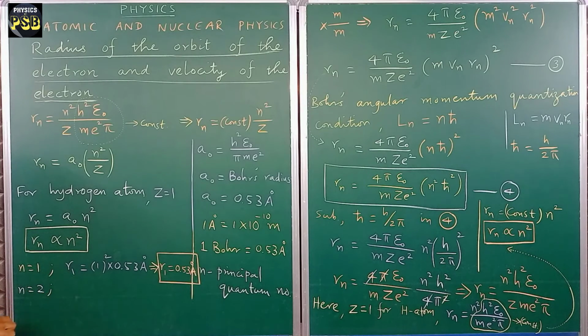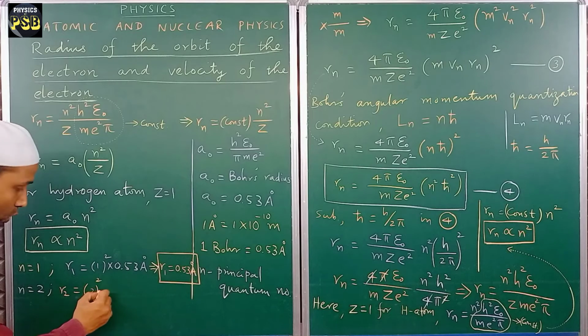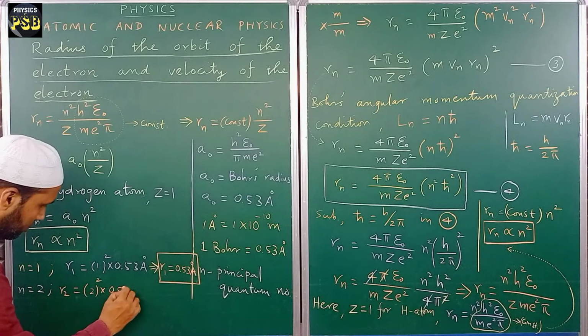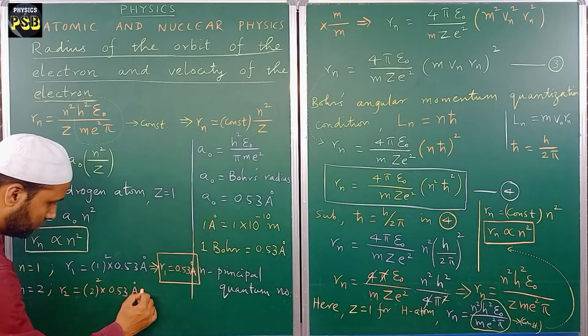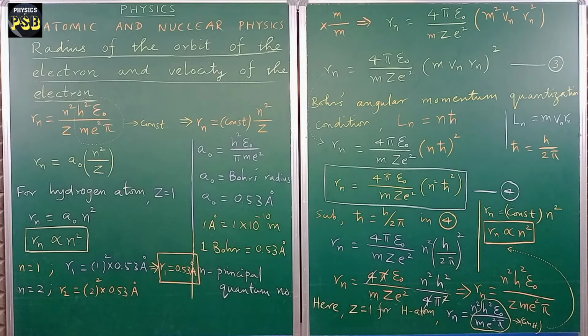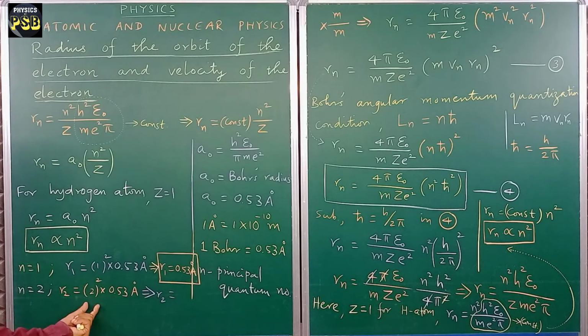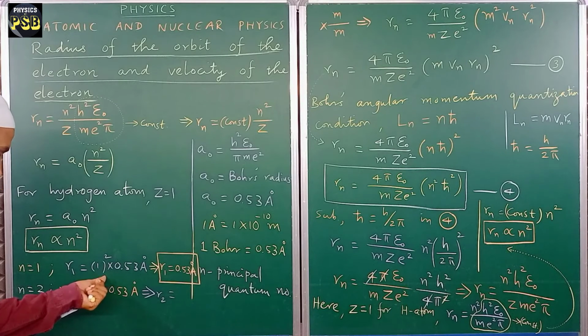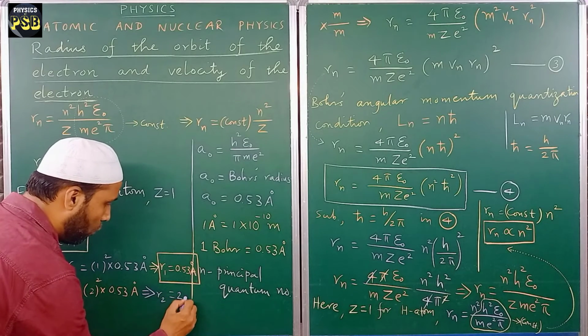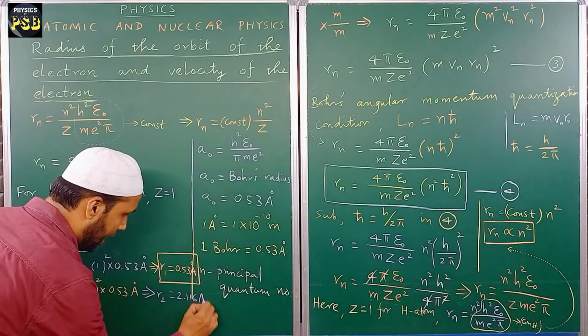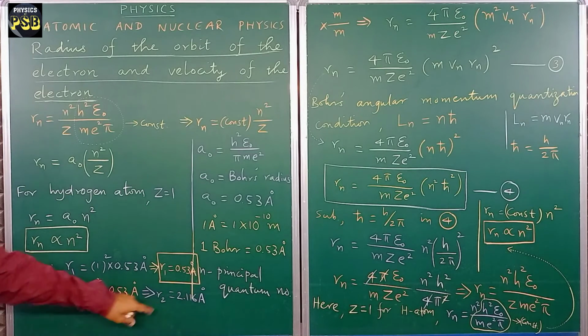Then R2 will be equal to, in the place of n I write 2 squared, times 0.53 angstrom. Then R2 equals, 2 squared is 4. 4 multiplied with this value gives us 2.116 angstrom. This is the radius of second orbit.